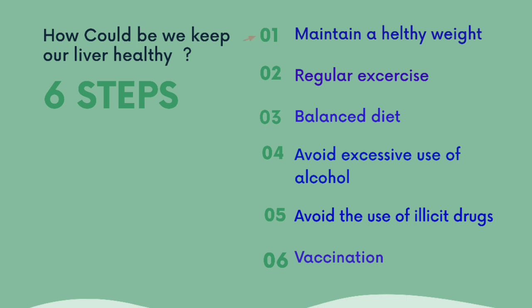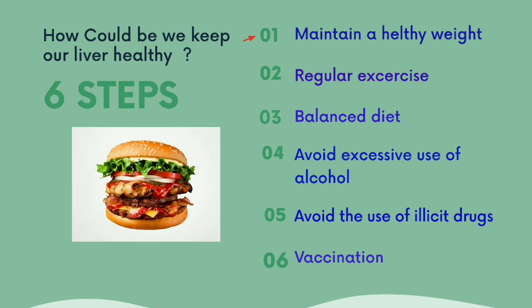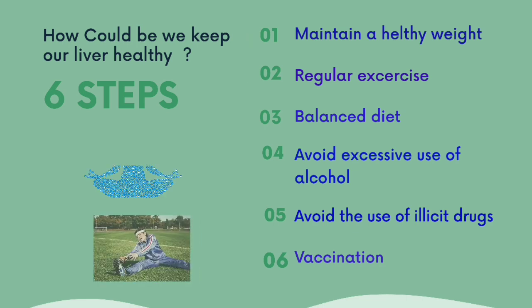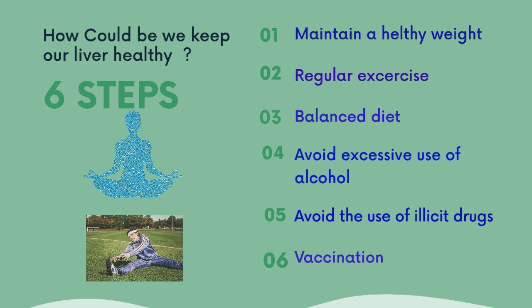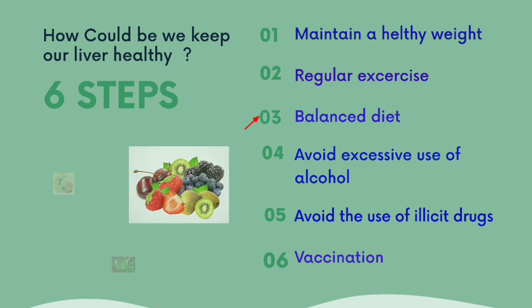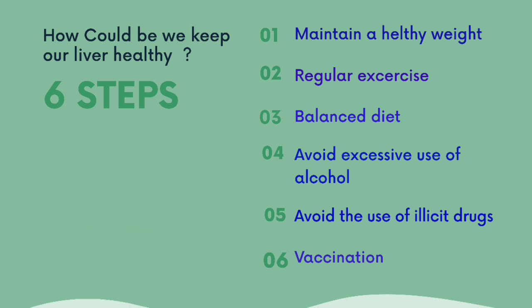For this, you have to avoid junk food or food of rich calorific value. Second, do regular exercise. Number 3, a balanced diet, a diet which contains all essential nutrients and fiber-rich food.